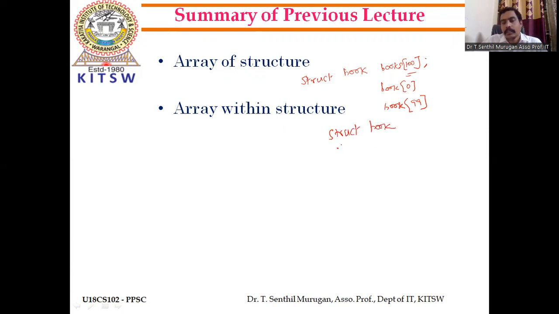Inside it, for example, the book name is a character array, say 30 characters. If I want to know how many copies of the book are available, I can add copies. For each, who is the author, how many pages there are, what the price is, like that you can give.